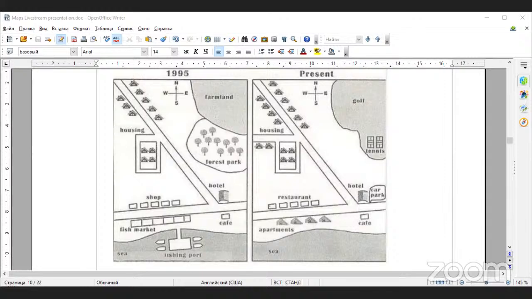Okay, 2 more minutes for describing these two maps, some details. All right, 1 minute left.